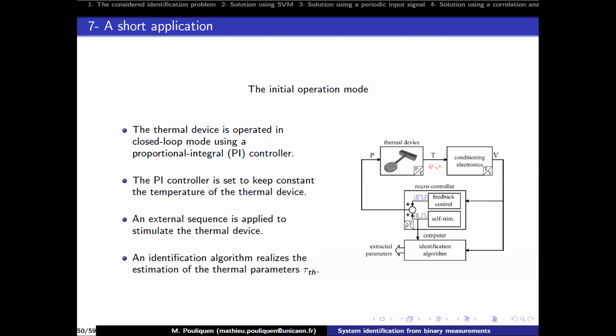We have a closed loop, with a controller that keeps constant the temperature of the loop. We also use an external sequence in order to ensure the persistent excitation. In this initial operation mode, we use a closed loop identification algorithm in order to obtain the time constant of the system.